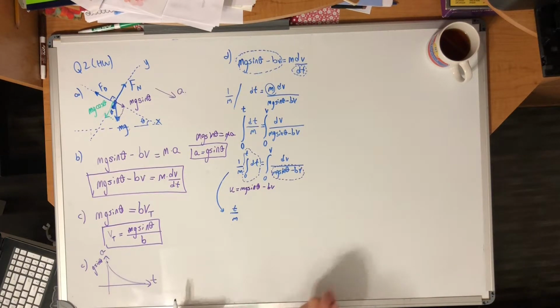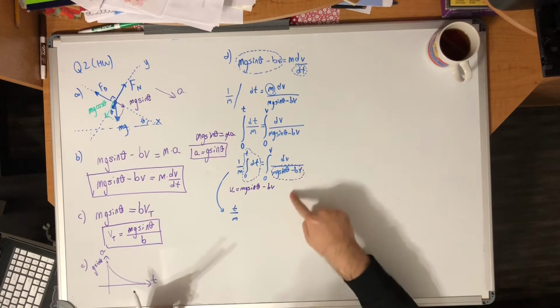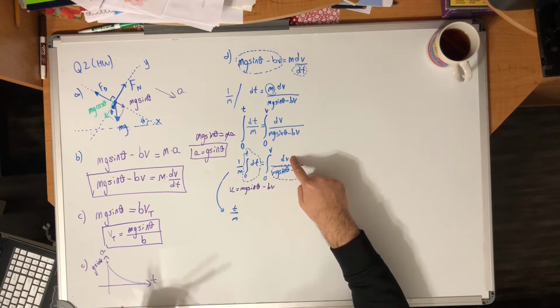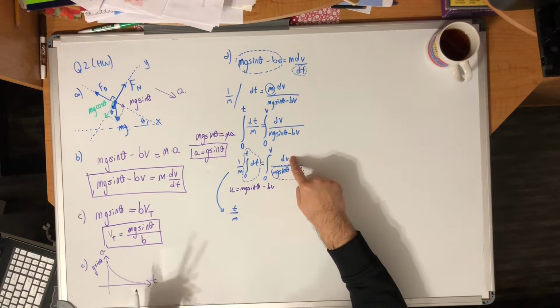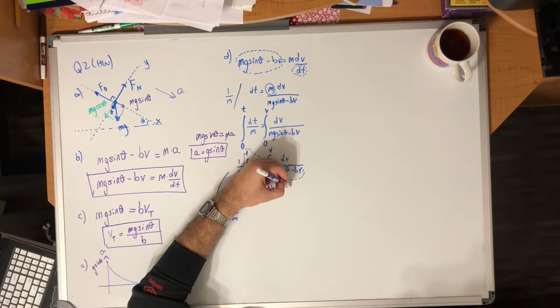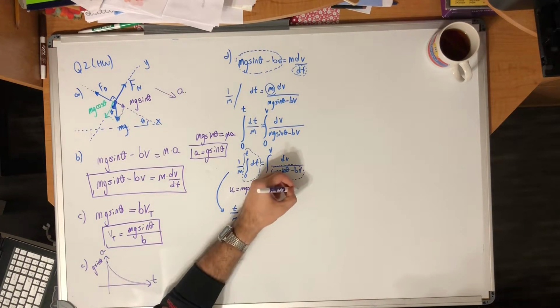But then my new function is dv over u, and it doesn't work, so I need to replace this dv with du. How am I going to do this? I just take the derivative of this u function with respect to v, and that is going to give me the relationship between them.